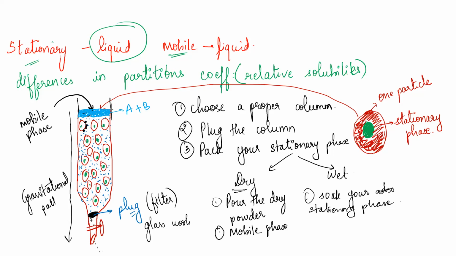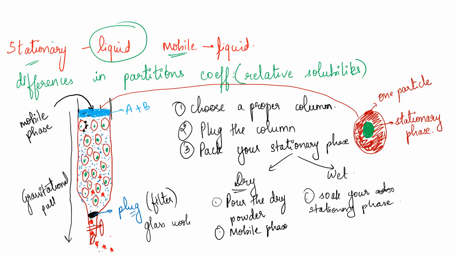Now what will happen? Some solute particles are more soluble in your stationary phase, and some solute particles are less soluble. The ones which are more soluble and more attracted will remain in the stationary phase, and the ones which are less soluble in your stationary phase, for example, say particle B, we'll give it the shape of, say, a star, if that is not finding any attraction to the stationary phase, will just come out as it is.